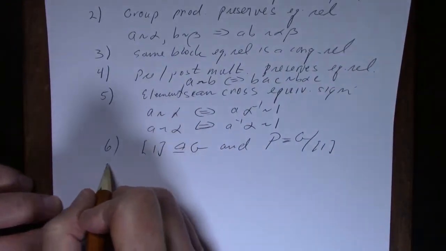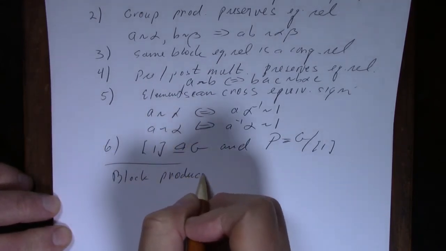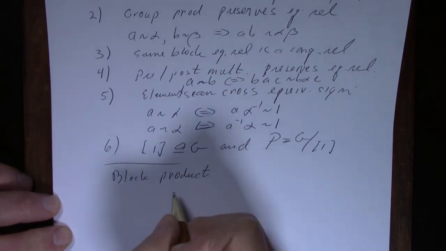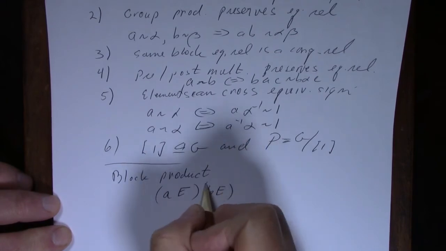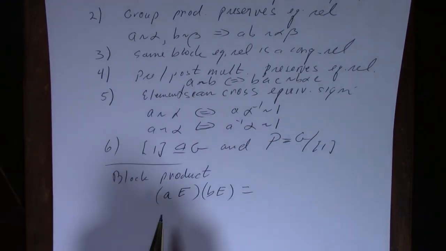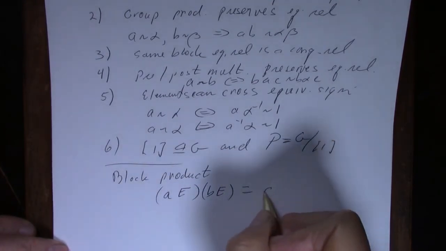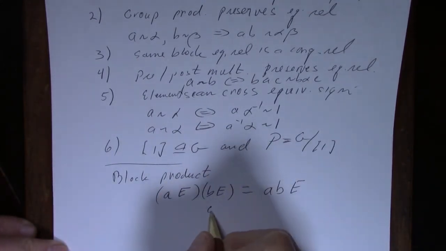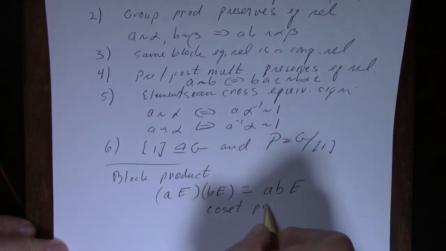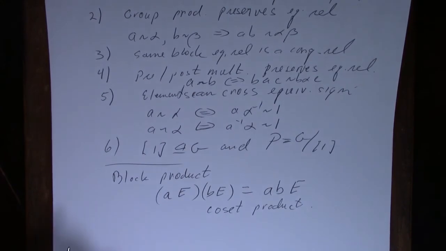The block product becomes very simple. Blocks look like cosets, and to take the block product, we take an element from each coset. So why not take A and B? We form their product, and we find the coset containing that product, and we get this. So this I just simply call the coset product. Don't have to use the term block product anymore.